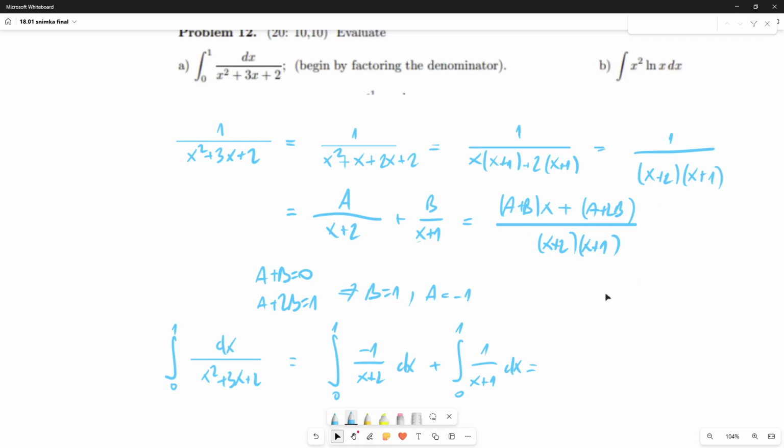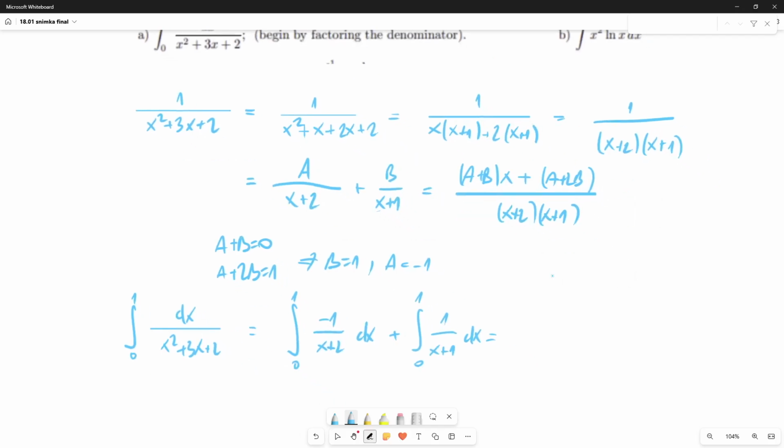Both can easily be solved, so we obtain minus ln of the absolute value of (x plus 2), plus ln of the absolute value of (x plus 1), once again with limits from 0 to 1.